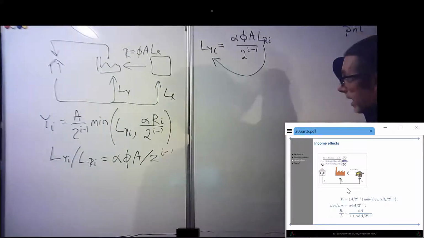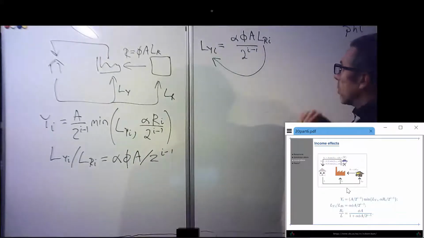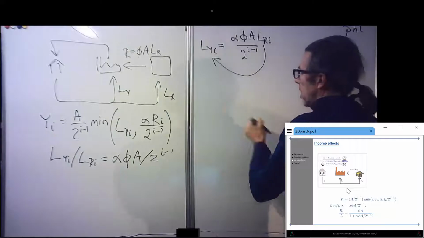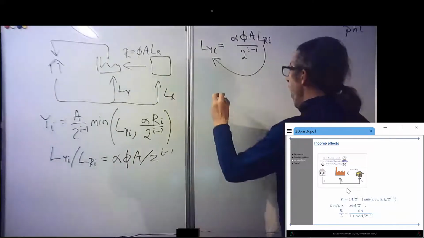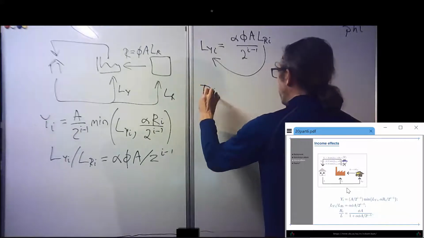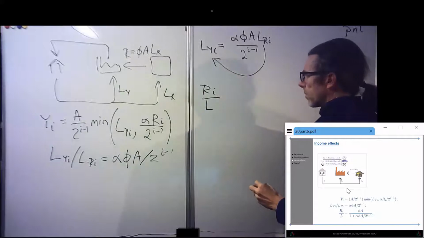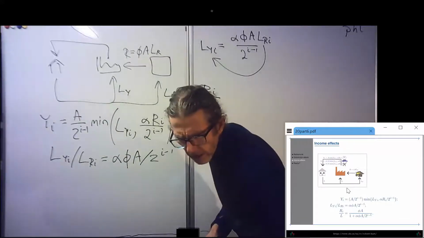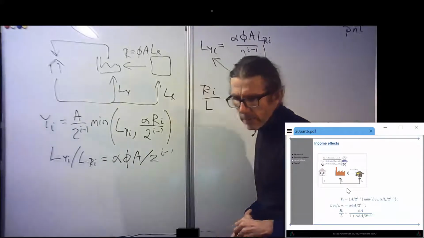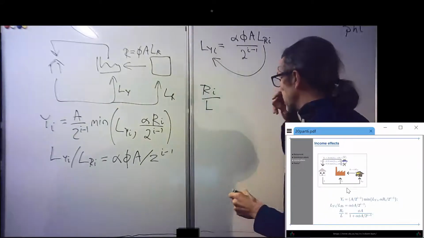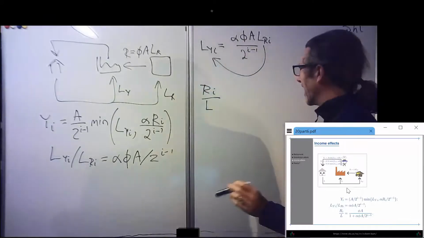So finally, what is R_I over L? Shouldn't that be L_I, I think? It should be R_I over L_I. Maybe I'll change that by the time you see this. Oh no, you're seeing it now, aren't you? Whatever.